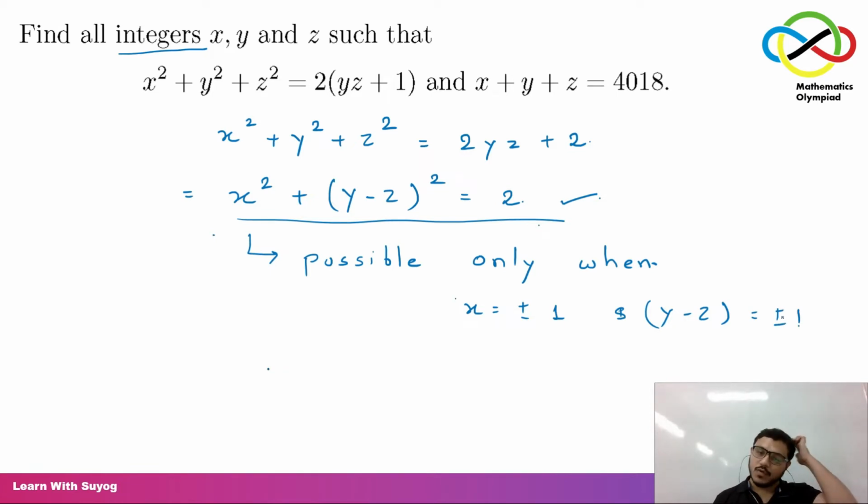If this holds, then we can say that x squared plus (y minus z) squared is equal to 2.